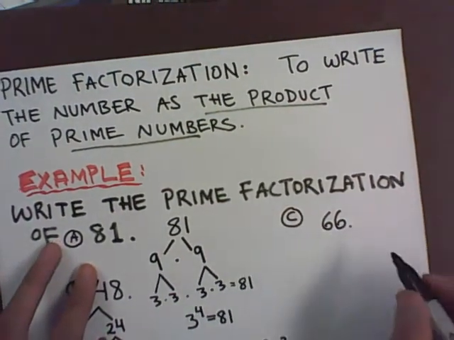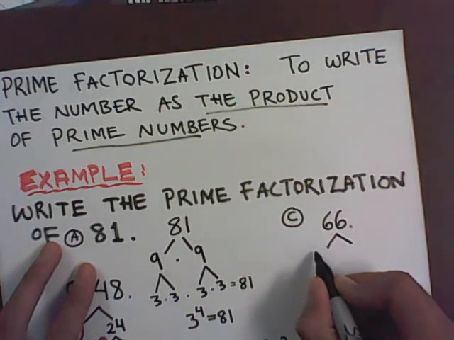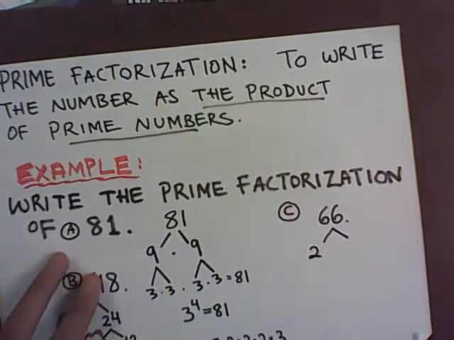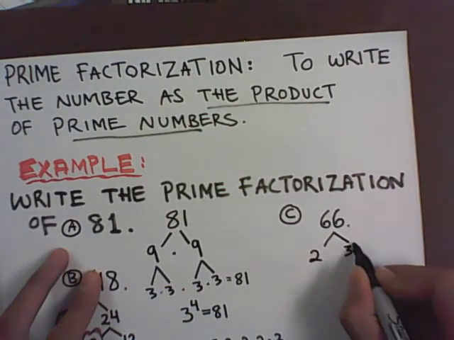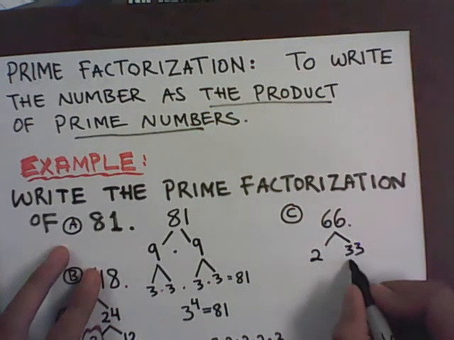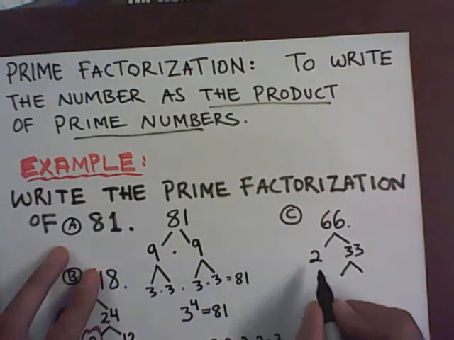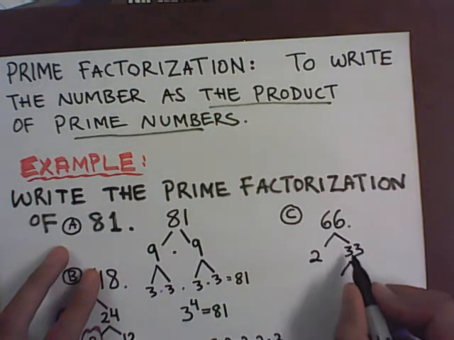How about 66? Alright, 66, pretty easy. The smallest prime number is 2, so I'm going to write 2 because 2 goes into 66 33 times. Okay. And next, the composite is 33, so we leave this one alone because that's already a prime number.